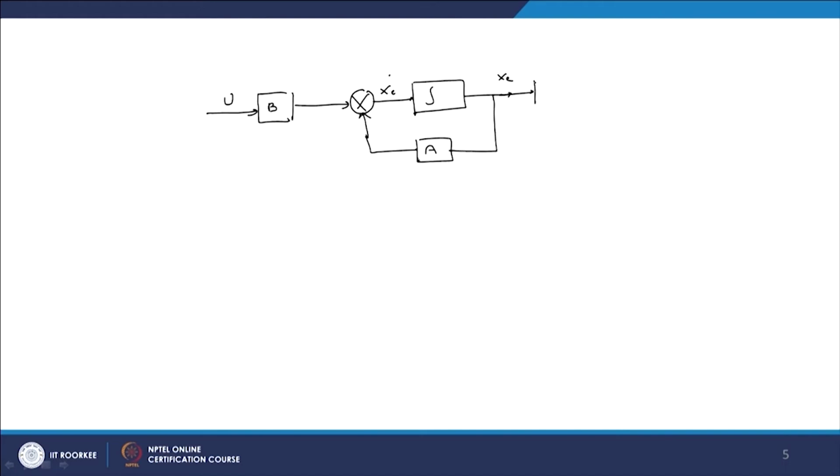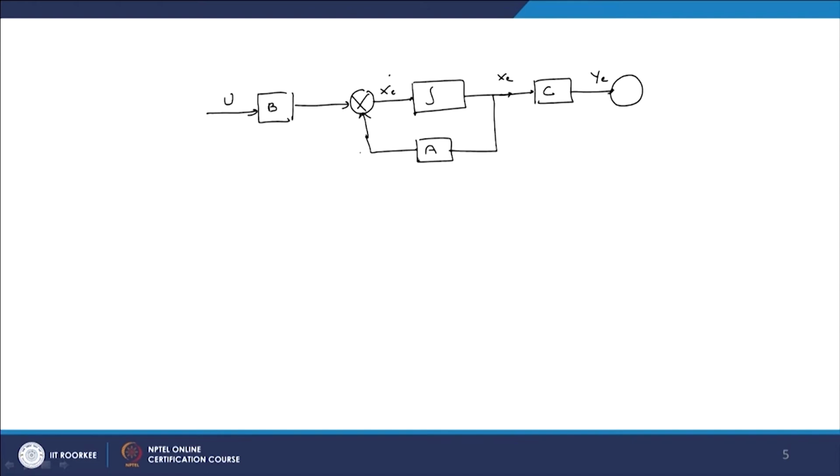Now here is the estimated state x c dot, and now here is x c, now here B, input u, here is A matrix, now here is C matrix, and as state x c is the estimated state, therefore here the output is, instead of y, it is ye, and here ye is the output.